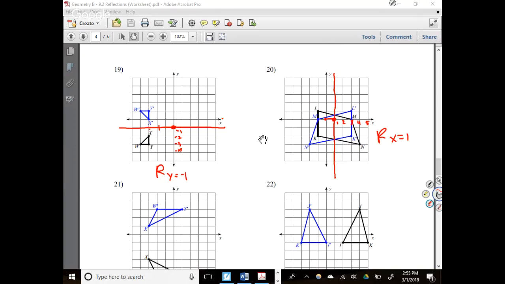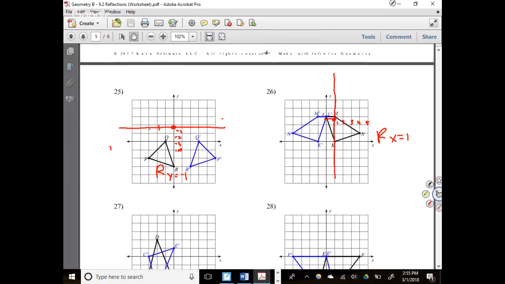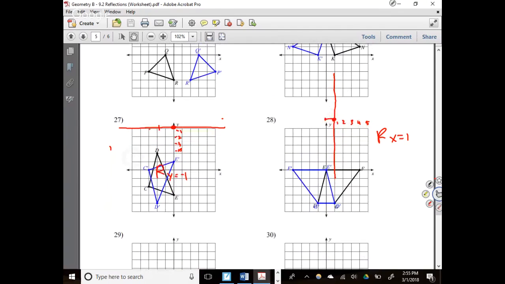Let me see if the blue one's better. I think it's just overlapped, so that's why it looks confusing. Yeah, it's just overlap of each other. Yeah, those overlap with each other.